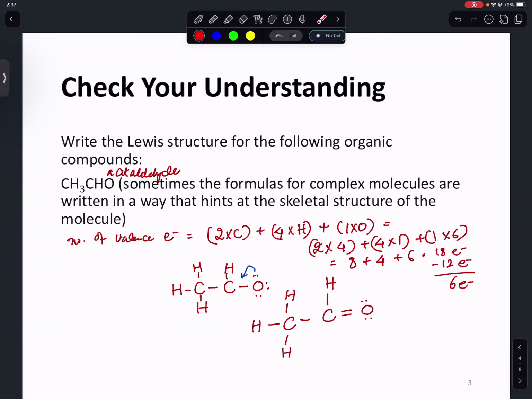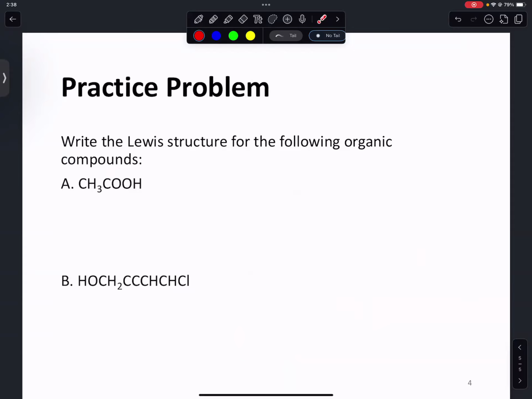Let's count out the total number of electrons: 2, 4, 6, 8, 10, 12, 14, 16, and 18. So this must be the correct Lewis structure. I encourage you to try this on your own. The only way to overcome the challenge of drawing these structures is by practicing.